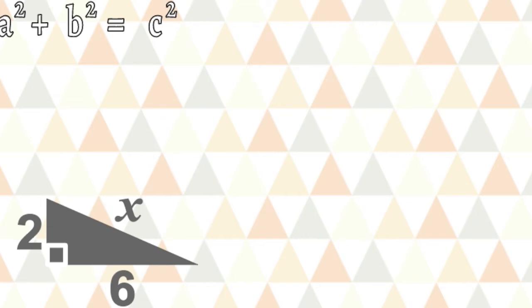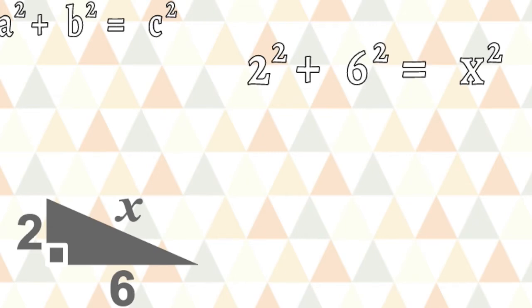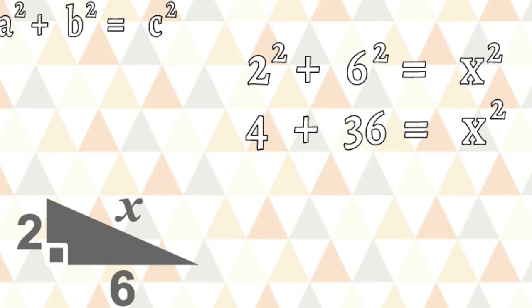So when you start plugging in those values, you get 2 squared plus 6 squared equals x squared, which simplifies down to 4 plus 36 equals x squared. 4 plus 36 adds to 40, and so we have 40 equals x squared. And so my next step is to take the square root of both sides. But when I do that, problem is I get this really ugly number.